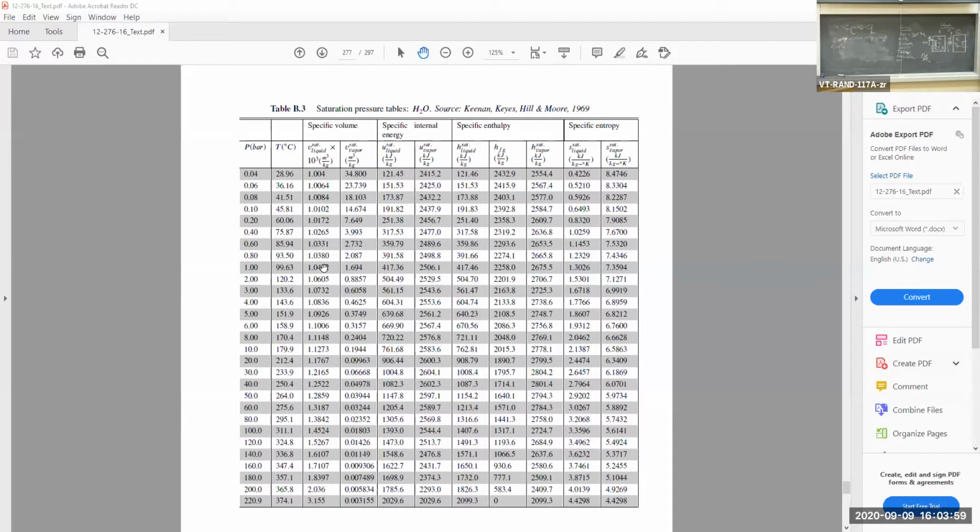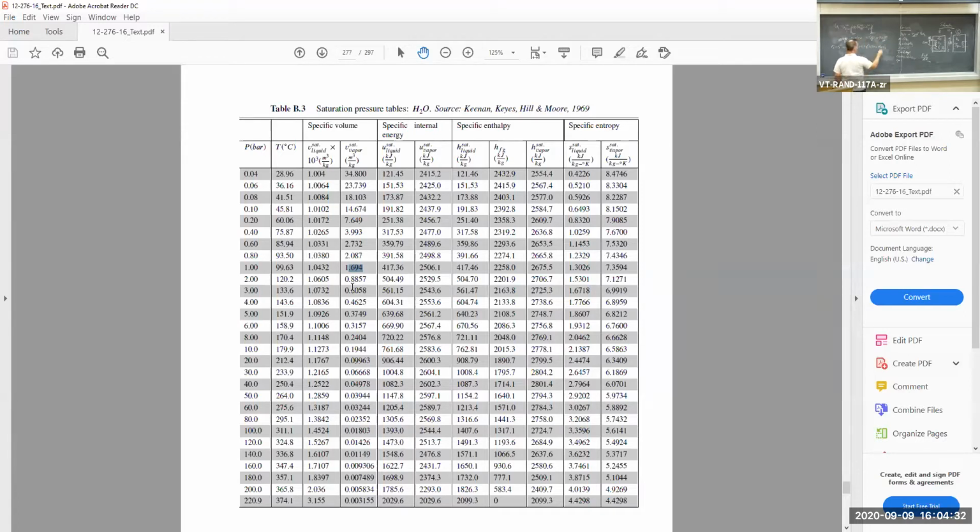At 1 bar, the saturated liquid is 1 times 10 to the minus 3 cubic meters per kilogram, plus 0.25 times the specific volume of the saturated vapor, 1.694, minus 1 times 10 to the minus 3 for the saturated liquid.